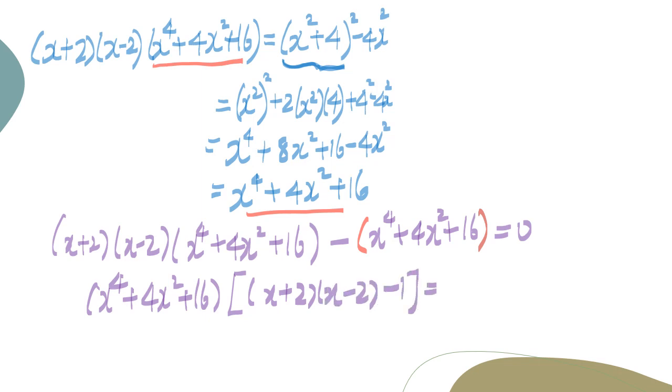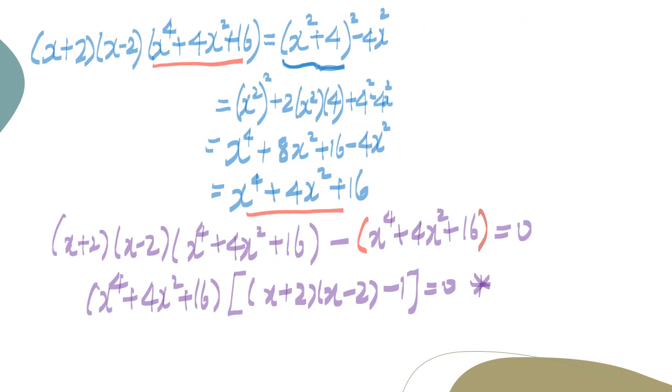Alright, so from here I can apply the zero product rule, which means you would have x to the power of 4 plus 4x squared plus 16 equals to 0. Okay, wait, I think I'll write it here.